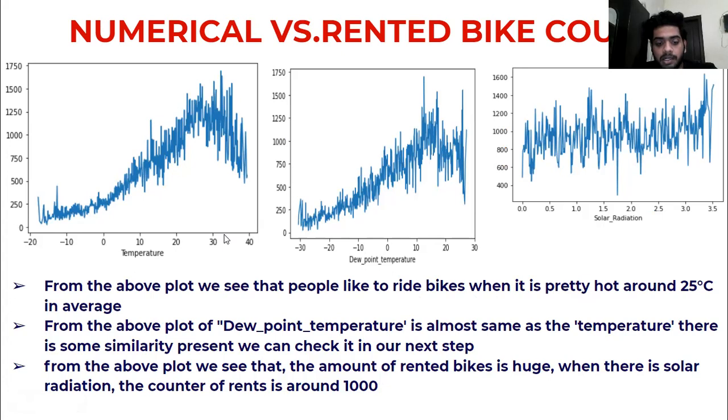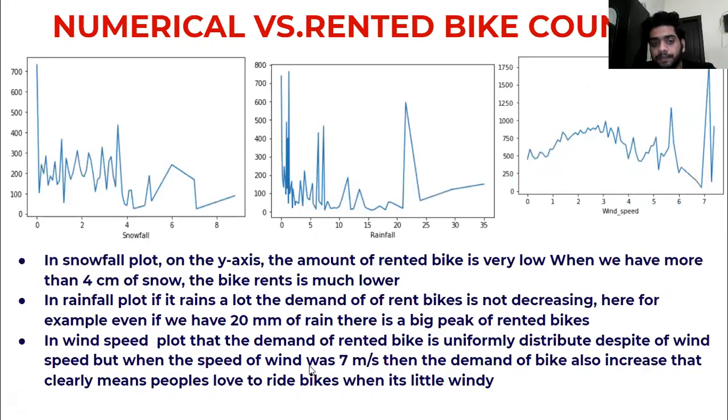There is some similarity present, and we can check it in our next step. In our solar radiation plot, we can say that when the solar radiation is high, the use of rented bikes is huge. The count of rents is around 1,000.